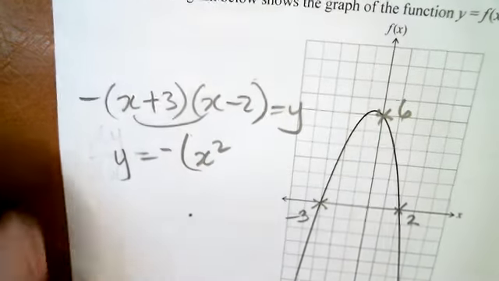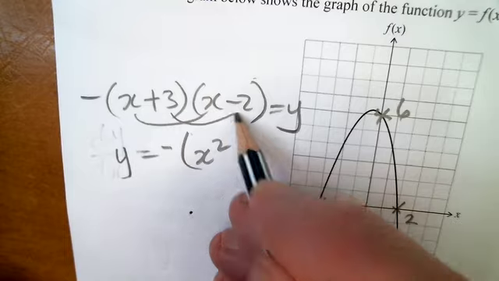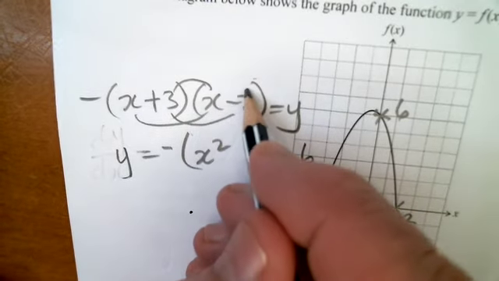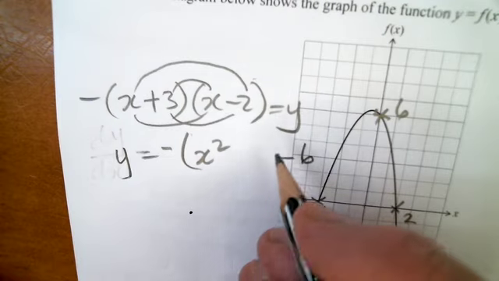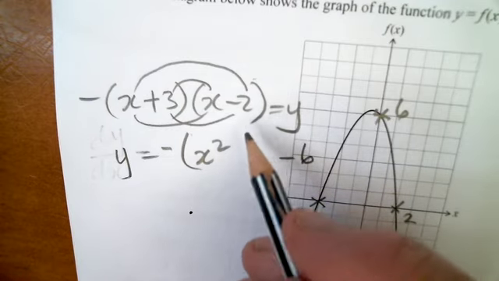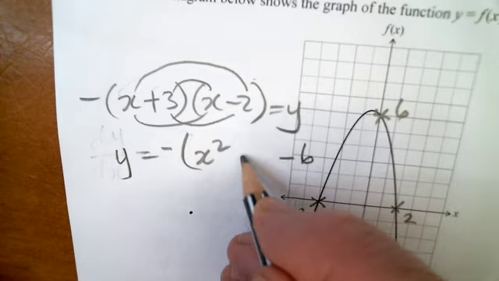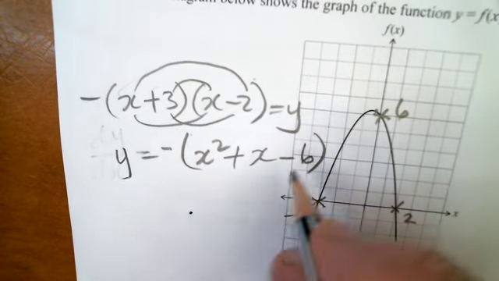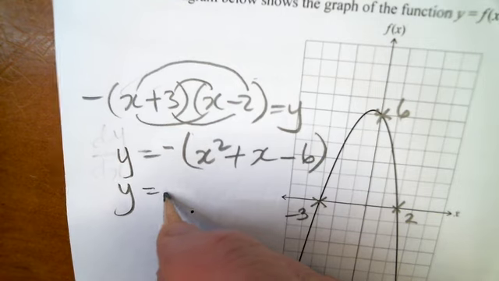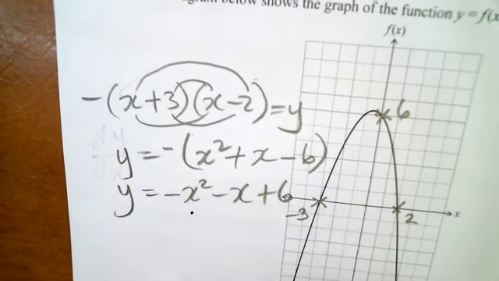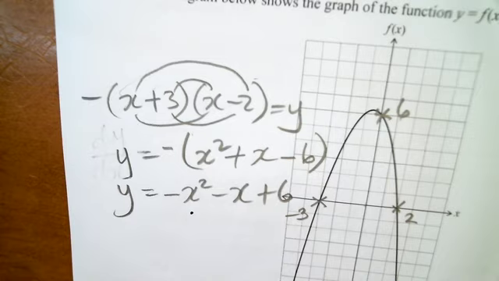We've got 3 times negative 2, which is negative 6. And 3x minus 2x is going to be plus x. So y is equal to negative x squared minus x plus 6, the expanded version.